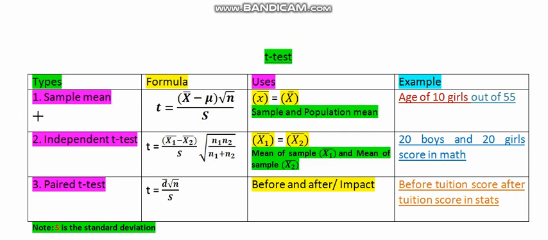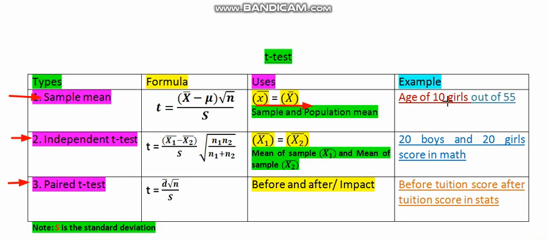The first one is the sample t-test, the second is the independent t-test, and the other one is the paired t-test. So what happens in the simple t-test? The simple t-test is just to check whether the sample mean and the population mean values are the same or not.